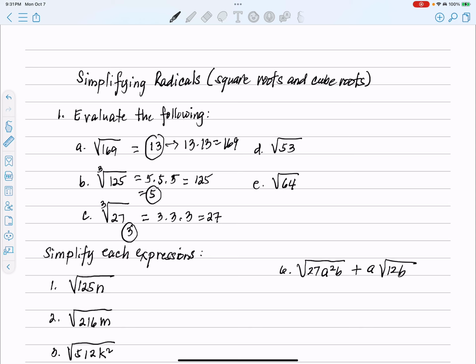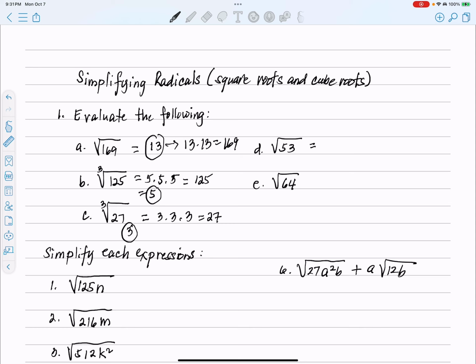How about the square root of 53? Is 53 a perfect square root? Because if we have 6 times 6, that is 36. And next to 6 is 7 times 7, that's 49. And then next to 7 is 8 times 8, that is 64.